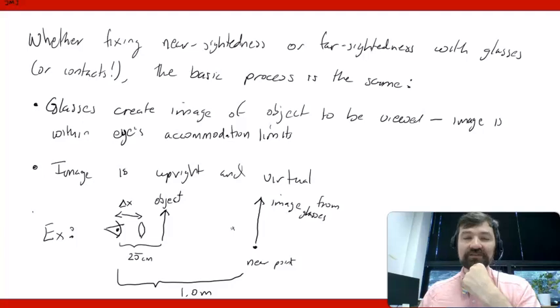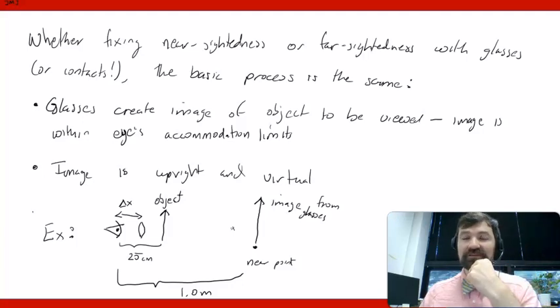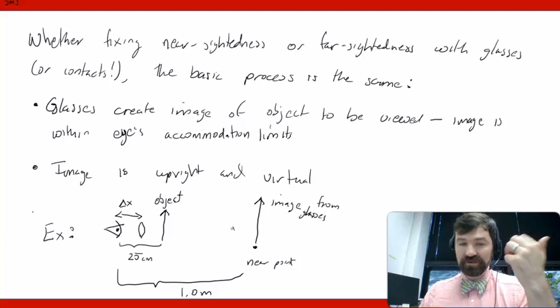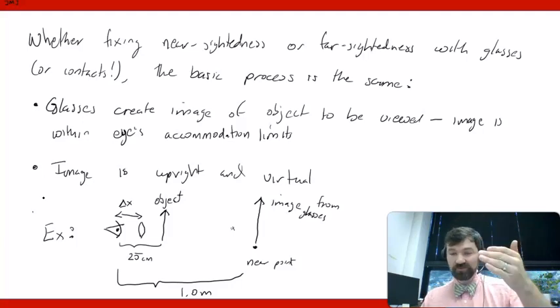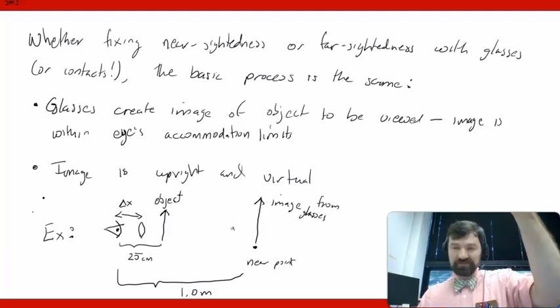So when you correct farsightedness, you move your effective near point closer in to you, but you also change your effective far point so that it's closer. If you correct for nearsightedness, essentially what ends up happening is you move your effective far point to farther away, but you also move your effective near point to farther away.